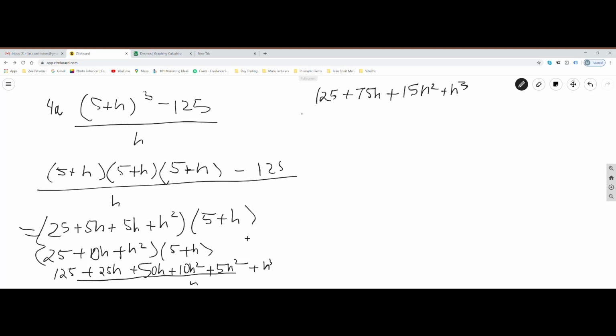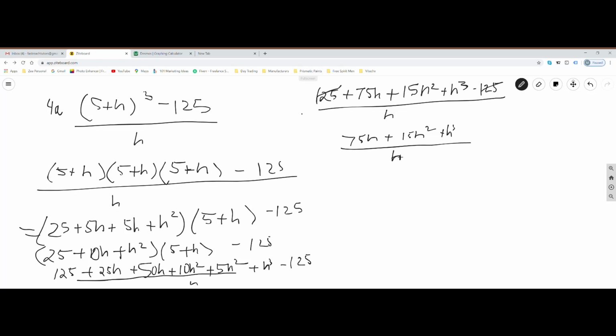Oh yeah, and we can't forget about this minus 125. Now this 125 and 125 cancel, and we're just left with 75h plus 15h squared plus h cubed over h.